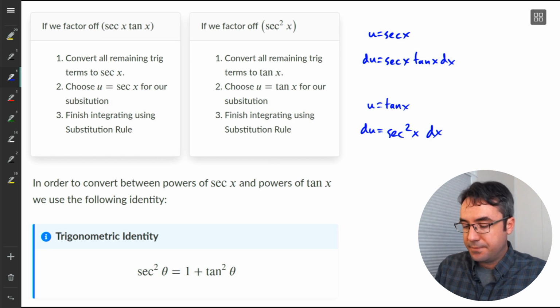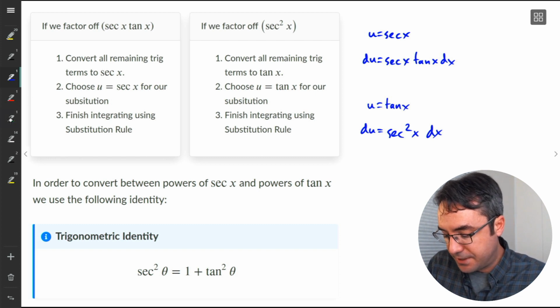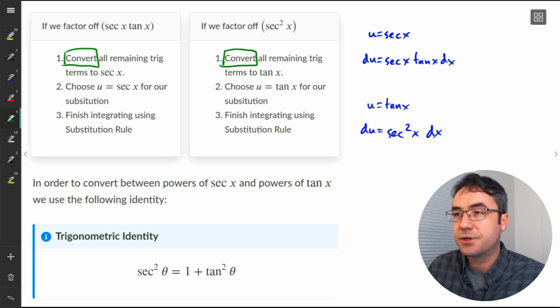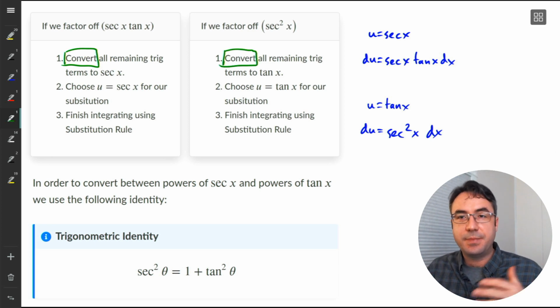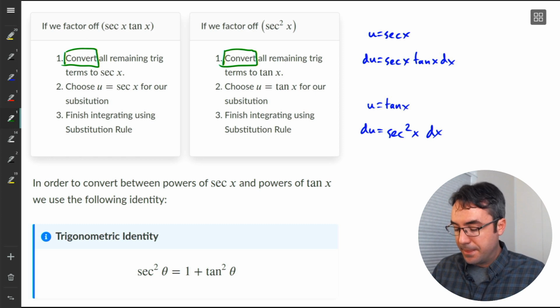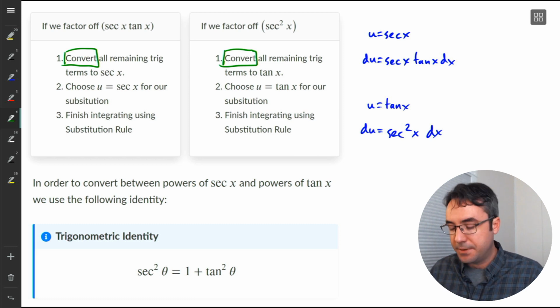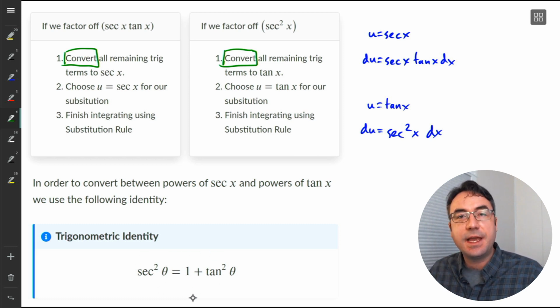And so the key question here is, how are we going to be converting secant terms and tangent terms back and forth? Well, we have a nice trig identity related to that, sine squared plus cosine squared equal to 1, but we have one now for secant squared and tangent squared.